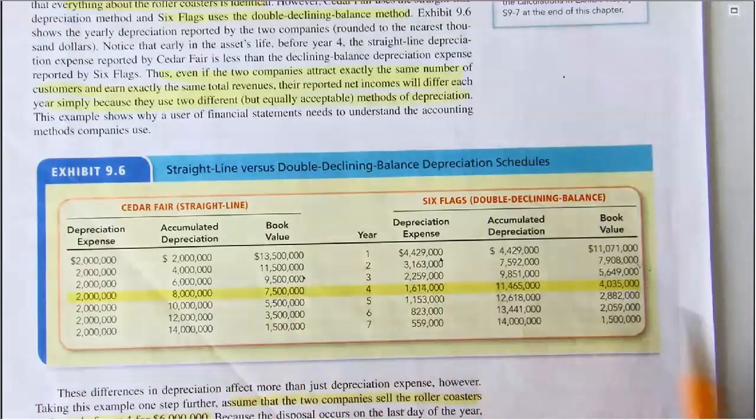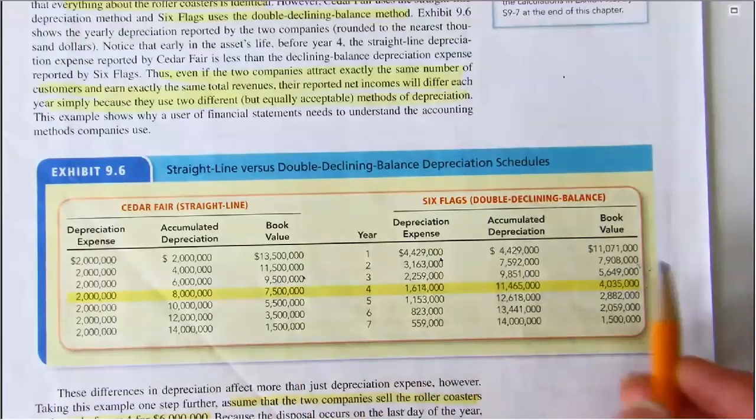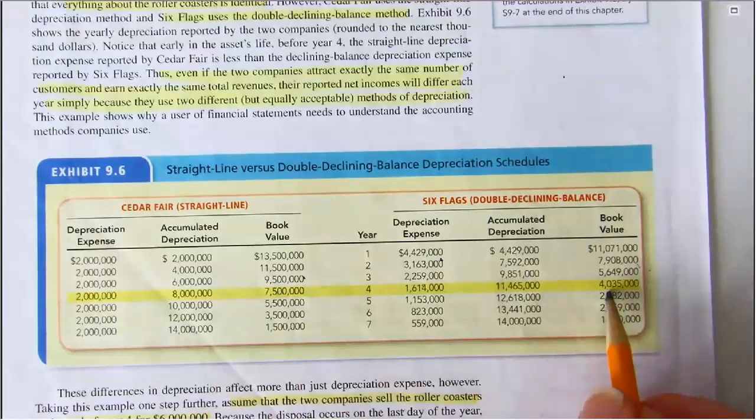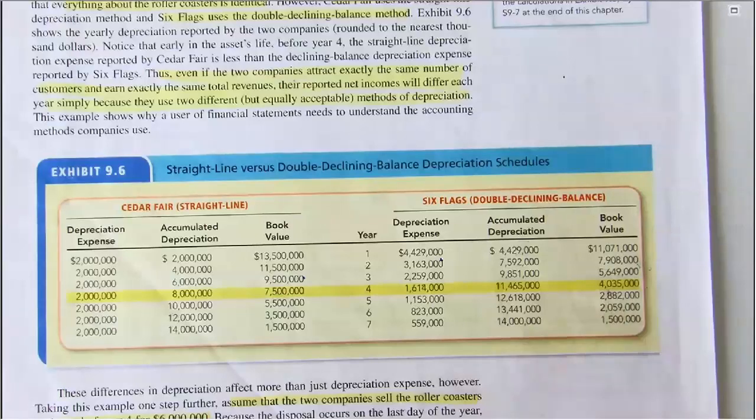What if, and we said Six Flags, this is using the exact same roller coaster in the same way, their book value is $4,035,000. So if they get $6 million for that roller coaster, will they have a gain or a loss? A gain. Isn't that weird? Because in both cases, that roller coaster is used exactly the same way, right?